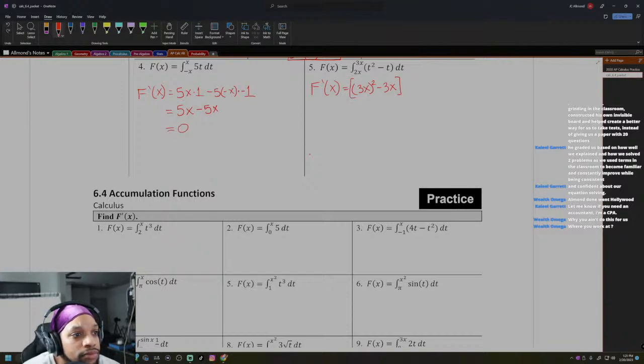But we can use a chain rule here. Is it a double chain rule? No. Alright, let's just do the exponent then. So that's like 6x minus 3x times 3, right? Wait, hold on. Let me catch up to you. I'm just plugging stuff in right now.